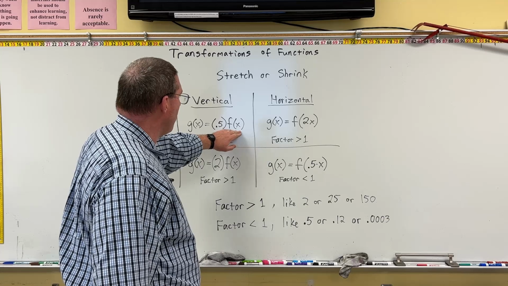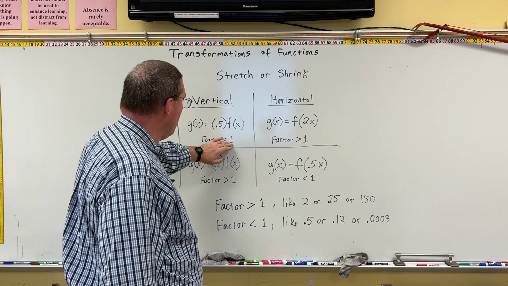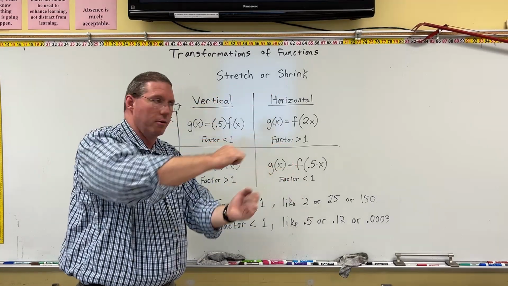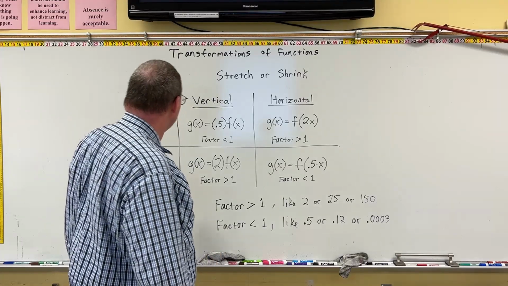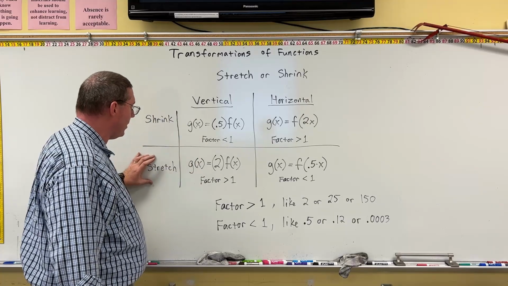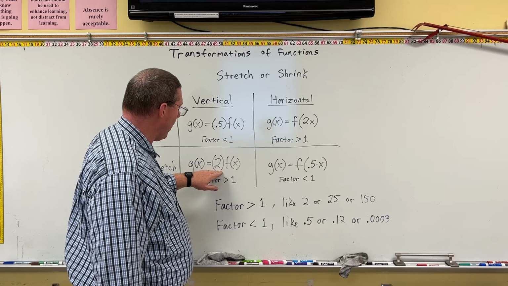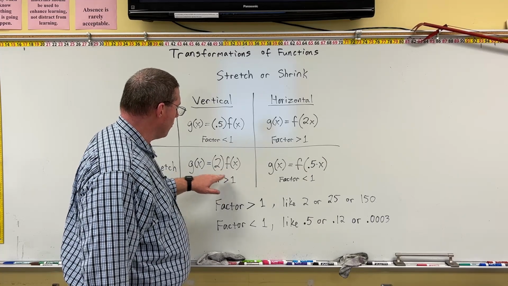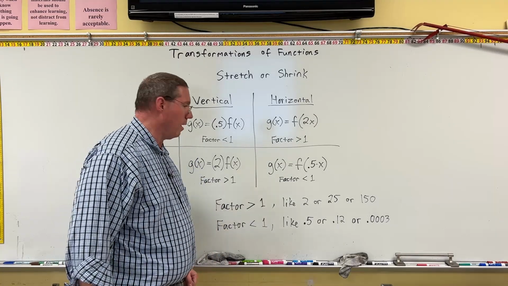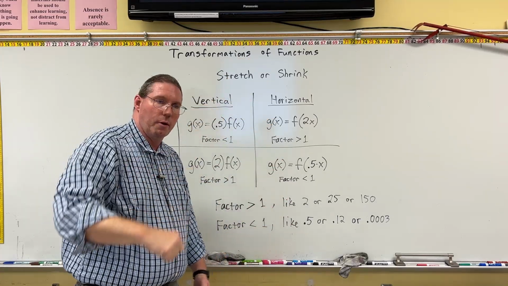So if you multiply the whole function by a value that is between 0 and 1, then it'll vertically crush together. But if you want to stretch it vertically, if you want g of x to be a vertical stretch of f of x, then you'll multiply the whole function f of x by a factor that's larger than 1, like 2 or 5 or 10 or 150. And so what that'll do is that'll stretch the graph vertically.